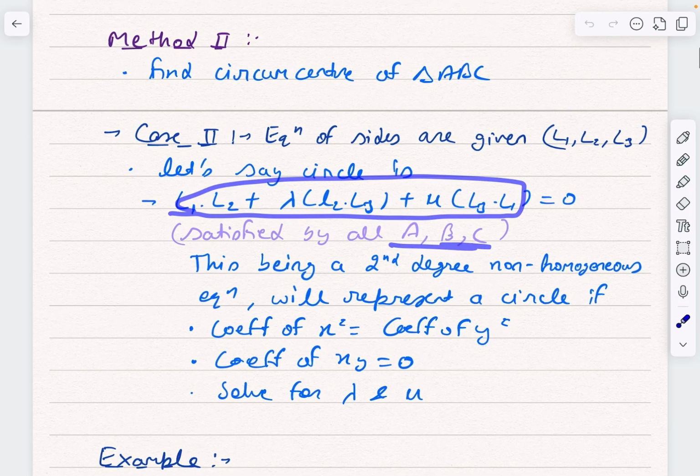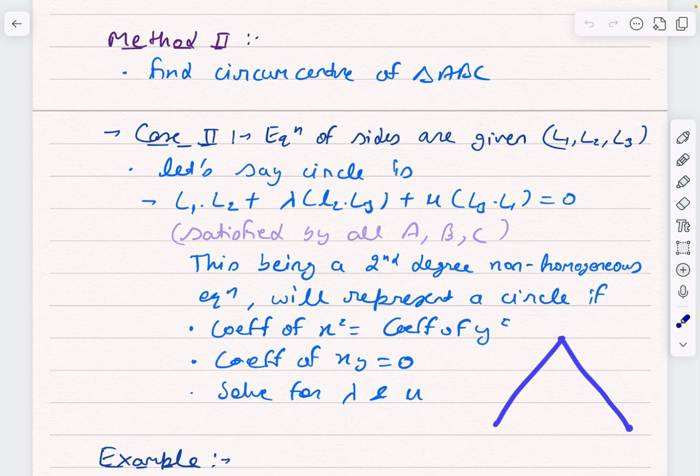You see, if I take the triangle as ABC, this line is L1, say this line is L2, this line is L3. We'll see A will satisfy line 1 and line 3. Satisfy means what? When you put A in L1, you get 0. Similarly, if you put A in L3, you get 0.